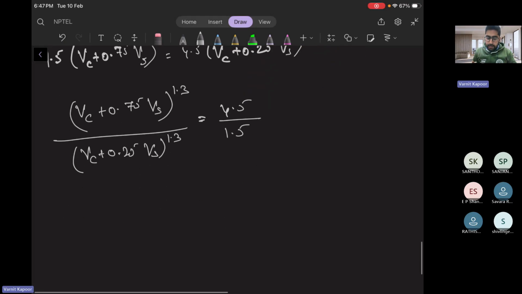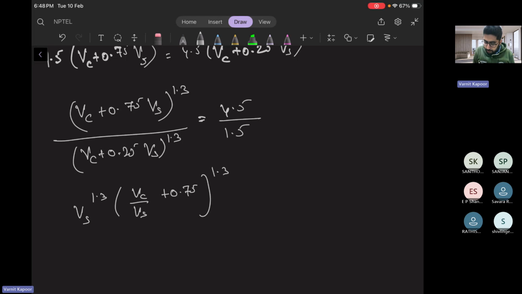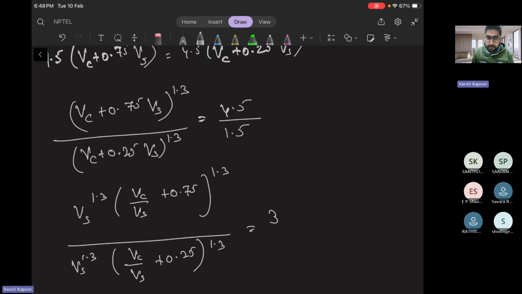Let us take out Vs common, so it will be Vs to the power of 1.3 in both. It will be Vc by Vs plus 0.75 in the numerator, and Vc by Vs plus 0.25 in the denominator. And 4.5 by 1.5 is 3 eventually.